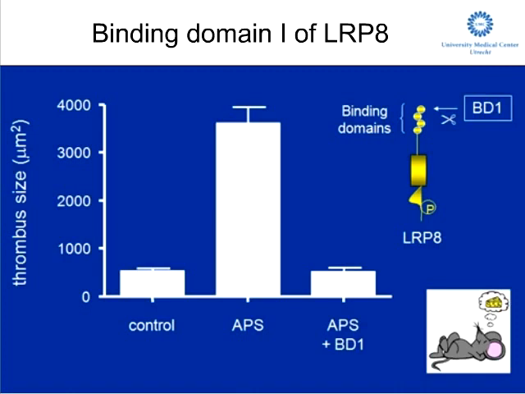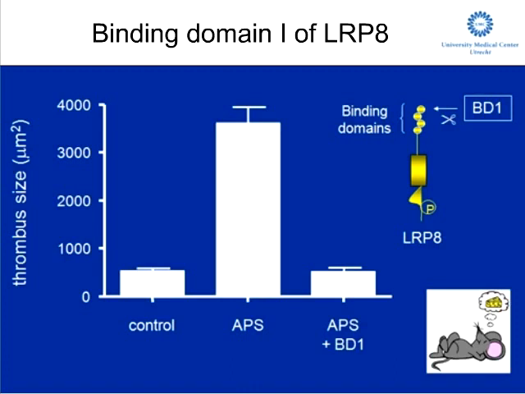In a mouse model of antiphospholipid syndrome, if you inject antibodies against beta-2-glycoprotein 1, you see an increased thrombotic response, but if you do it together with binding domain 1 of LRP8, this thrombotic response is inhibited, indicating that with this binding domain of LRP8 you can block APS-induced thrombotic complications.